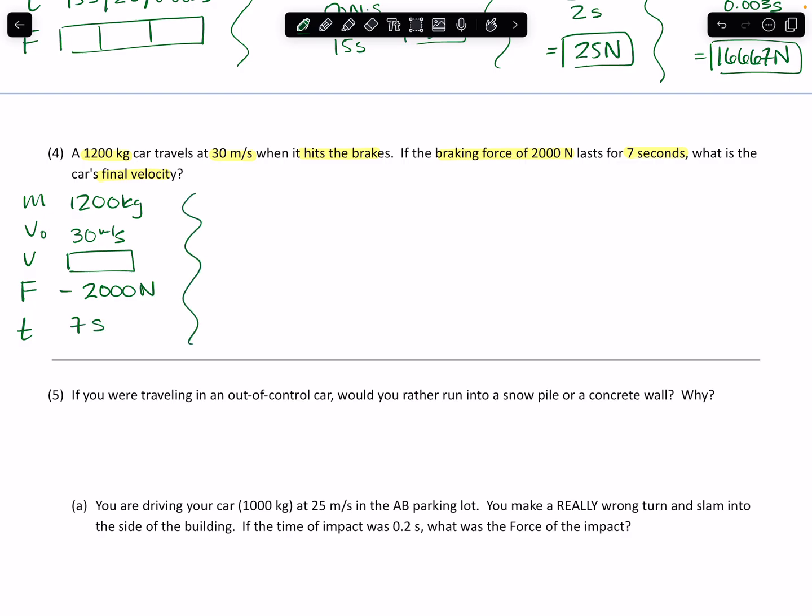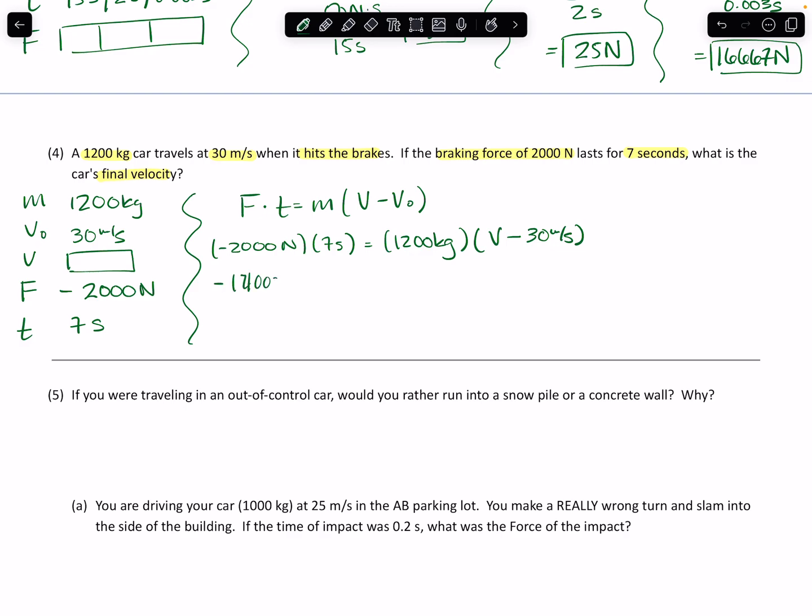All right, so we know that force times time equals mass times v final minus v initial. So here's our formula. Let's plug in what we know. Negative 2,000 newtons times 7 seconds is going to be equal to the mass of our car, 1,200, and we're going to have our unknown minus 30 meters per second. So we start doing some multiplications. We get 14,000 newtons, 1,200 kilograms, and v minus 30 meters per second.